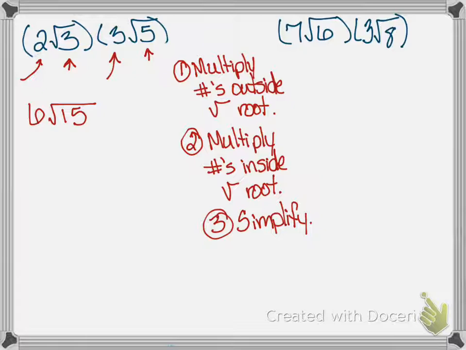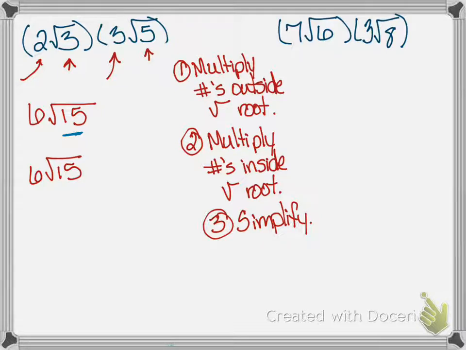Okay? Now, to simplify, what I look at is this number right here. Can 15 be broken down into a perfect square factor? Is there any number inside of 15 that I can take the square root of? No. Okay? So my final answer here is 6 on the square root of 15.